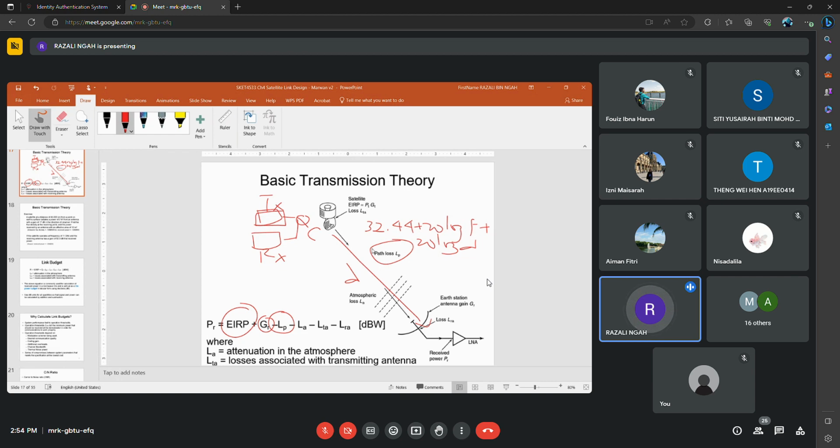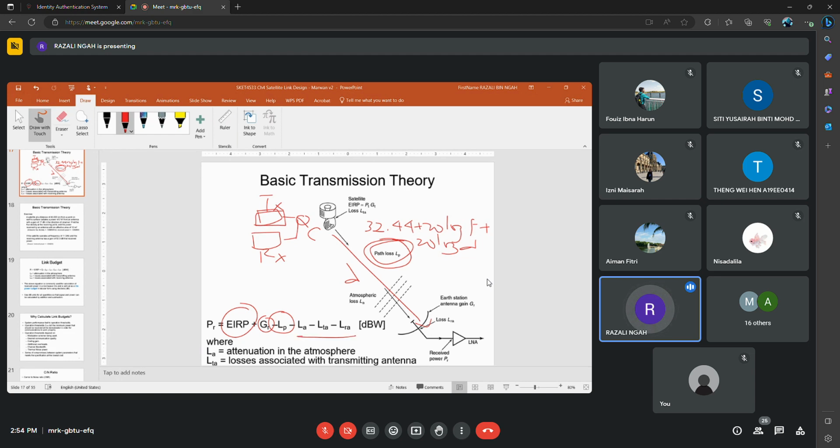For a GEO satellite it is around 200 dB. So if you get a high receive power or high carrier to noise ratio, you have to check whether you did consider path loss or not.